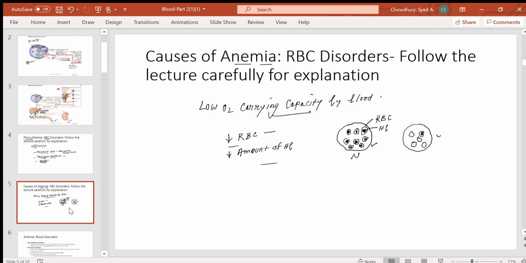Hemoglobin inside is normal, so definitely this blood, abnormal low red blood cell count blood, will carry less oxygen. So it has less or low oxygen carrying capacity, right? So this is an anemic person. That makes sense. Decreased number of red blood cells.